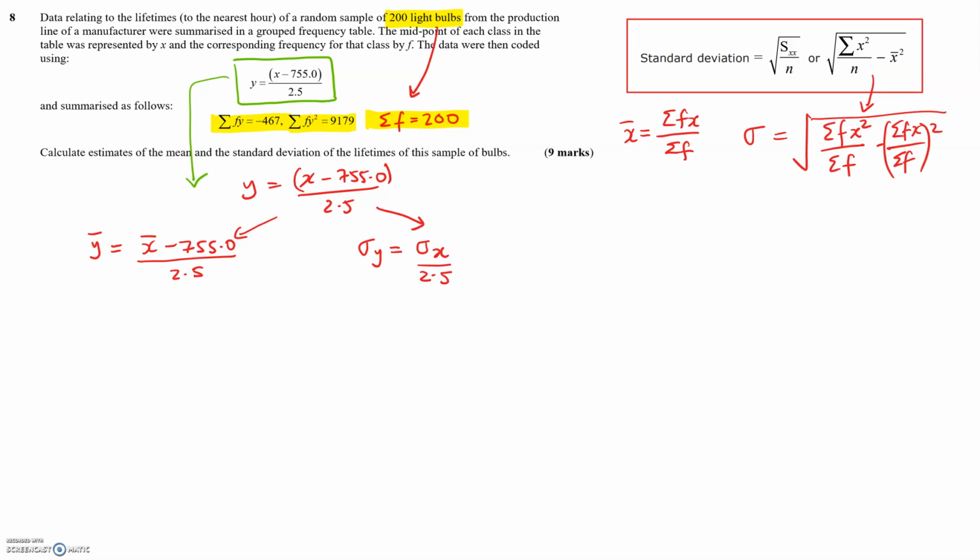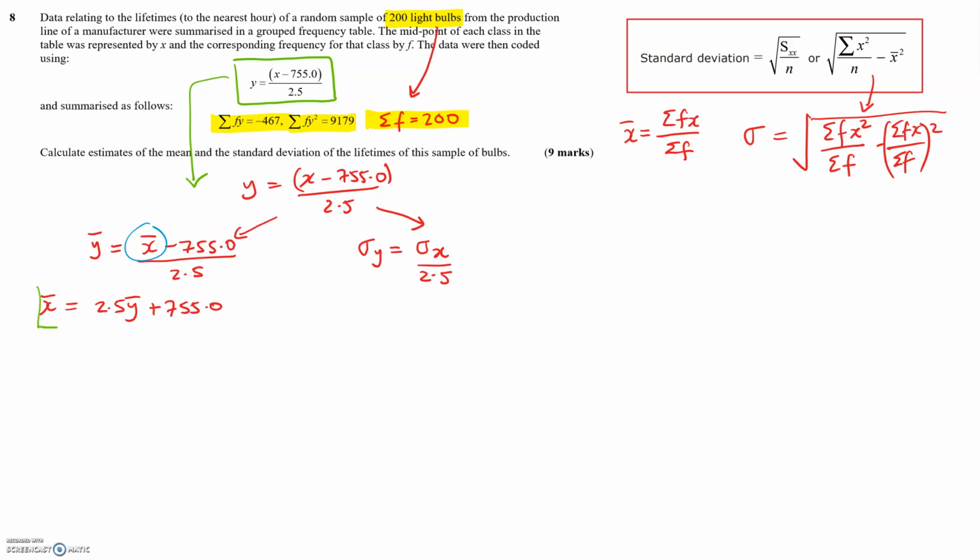So I could do a bit of rearranging and say, in order then to find the mean of X, I can just rearrange this, and it's going to be 2.5 Y bar plus 755.